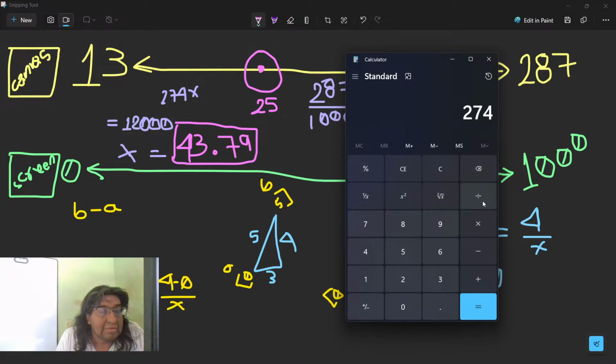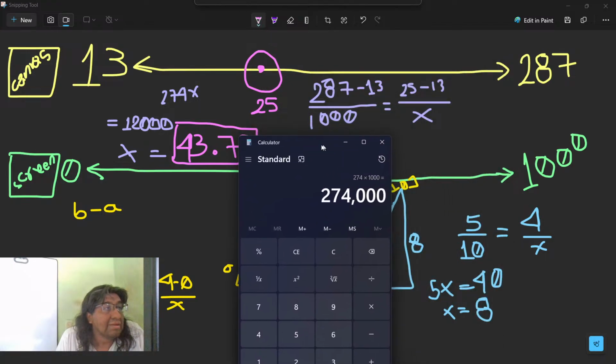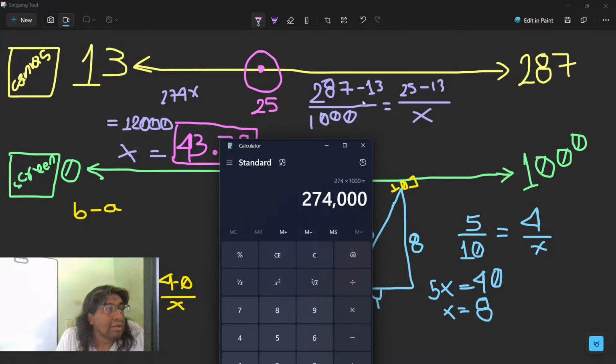Times, you know, but we need, this will be 0 x. There won't be any x.